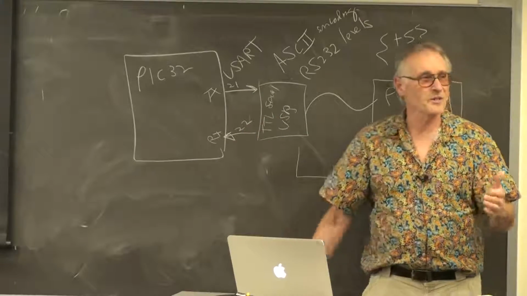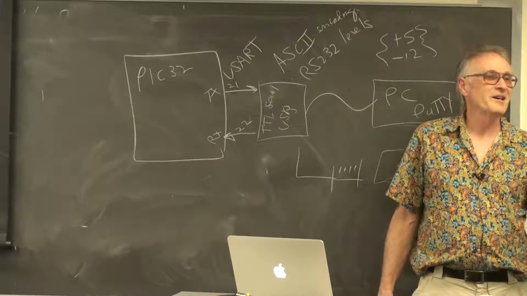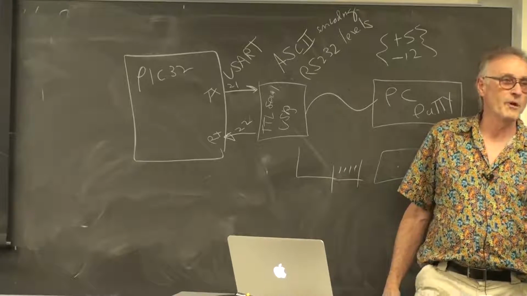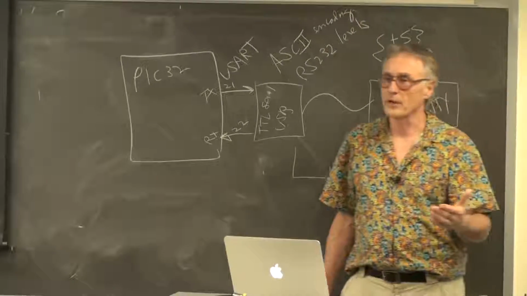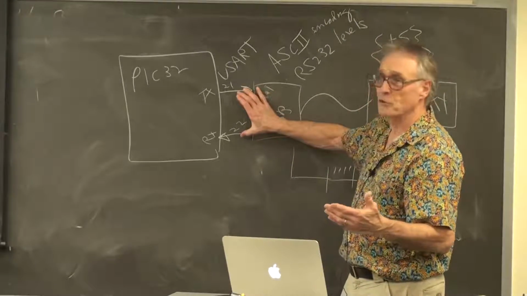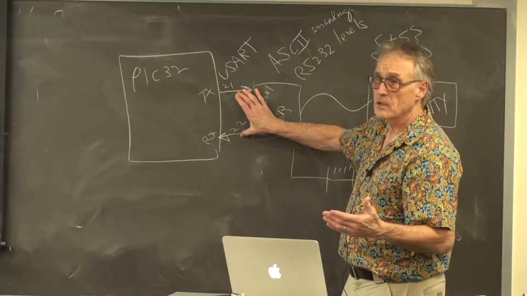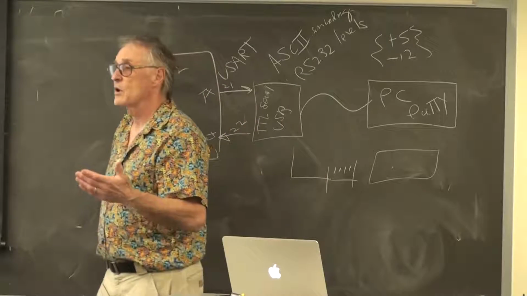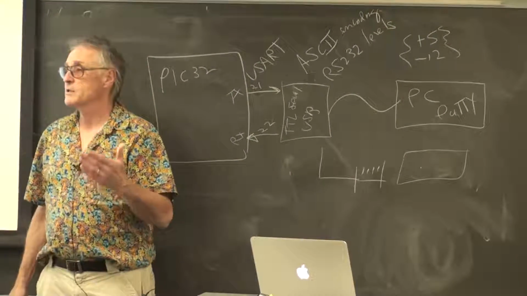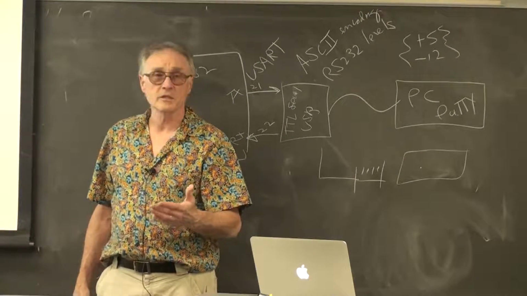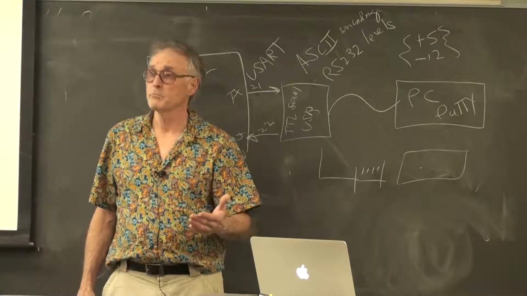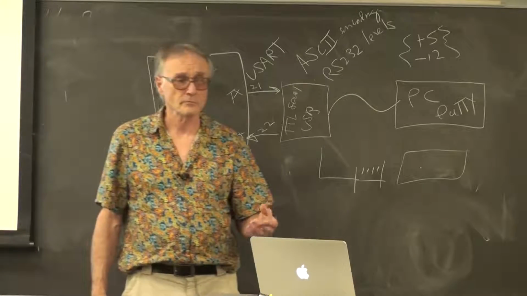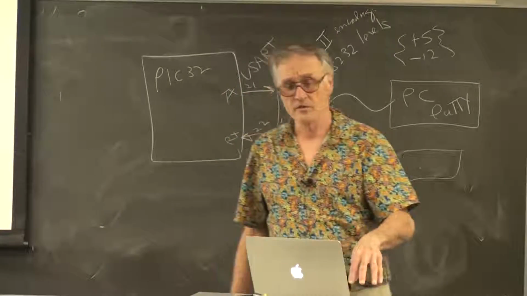But there's actually more. There's a FIFO buffer on the output and a FIFO buffer on the input, and this is full duplex, so you can transmit and receive at the same time, as long as your software supports getting the characters in time. So the hardware is full duplex.